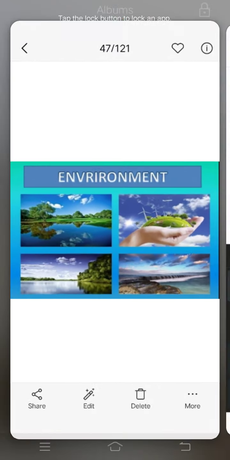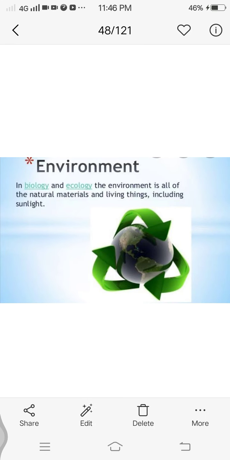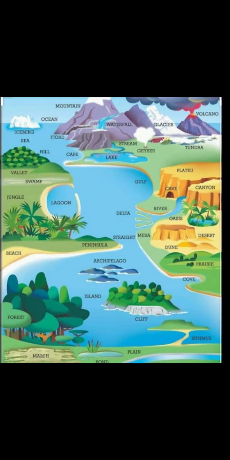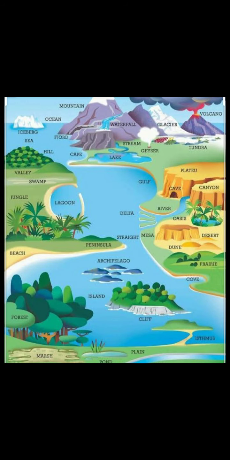So what is the environment? Environment is biology and ecology. The environment is also natural materials and living things, including sunlight. This is called the environment.